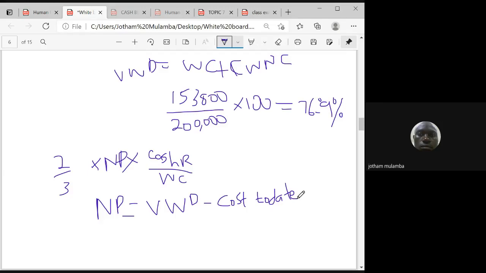So do we have the value of work done? Who can remind us the value of work done? $153,800. Yes, 153,800. Minus costs. Who can remind us the cost to date? 115,000. Yes, 115,000.